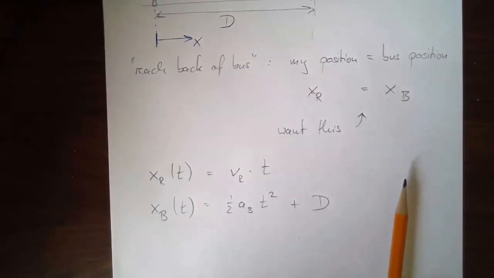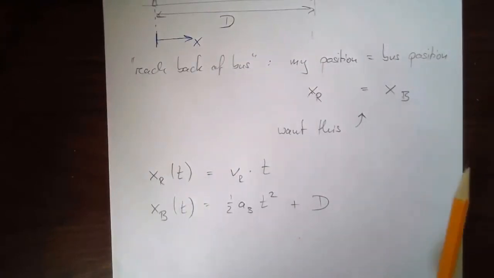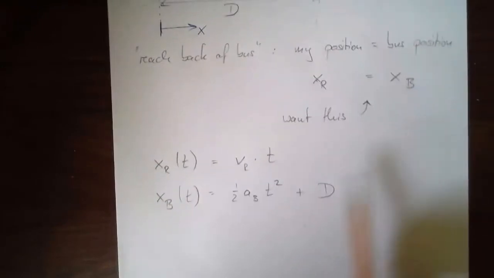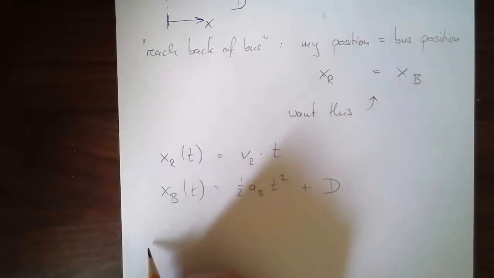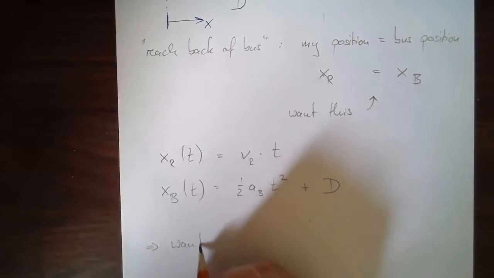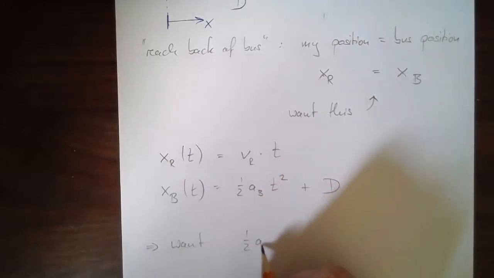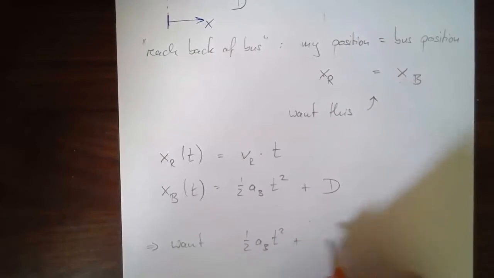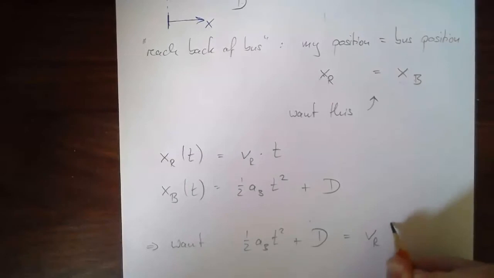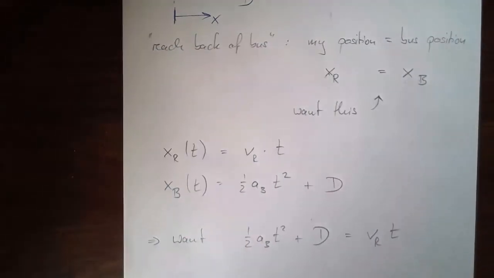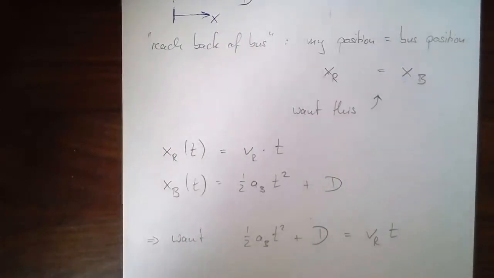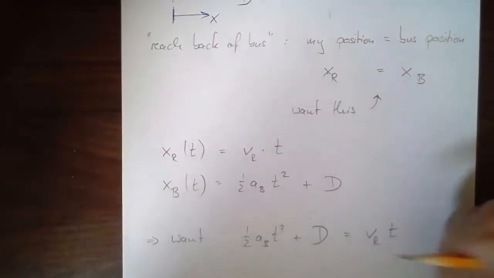Okay, so we want those to be equal. We don't care when, for some time, but let's set them equal. So we want 1/2 a_b t squared plus d to be equal to v_R t.